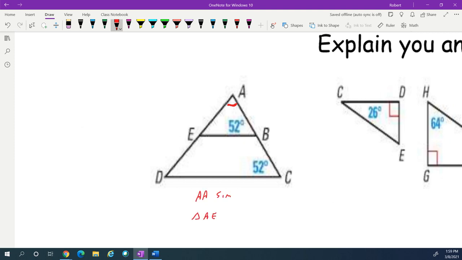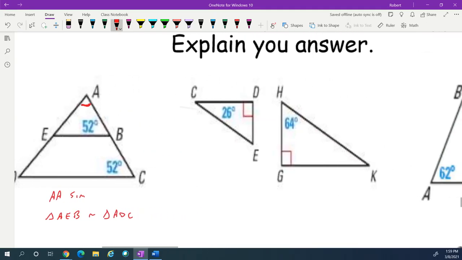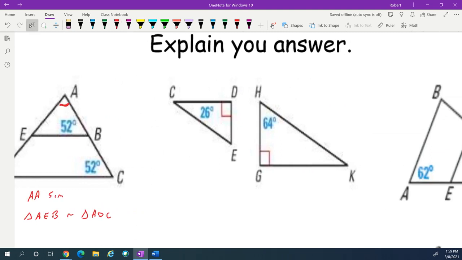Triangle AEB is similar to triangle ADC. We're given the 26 for angle C. We can certainly find our missing angle in this triangle, which is 64.